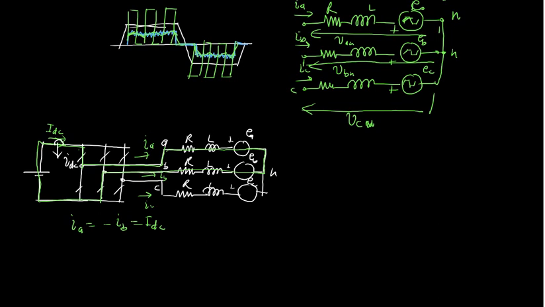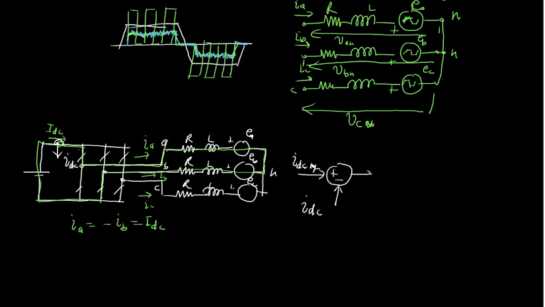This is the current sensor we are placing here. You want to control it, so you will have an IDC link reference, the reference current. Then you compare it with the current flowing in the circuit, IDC.